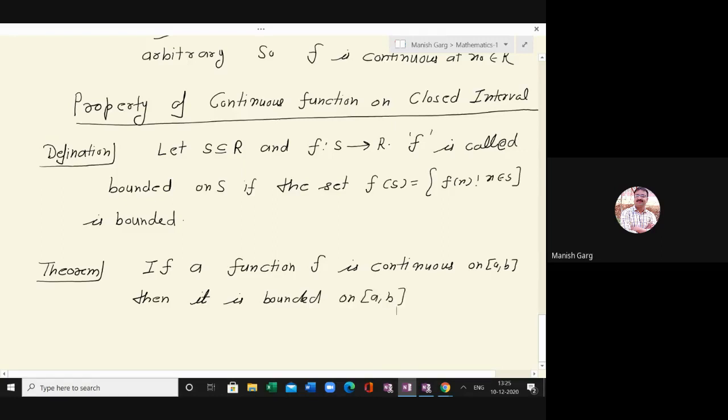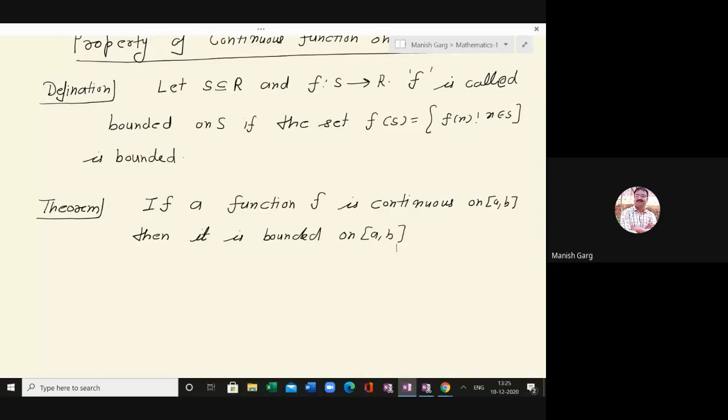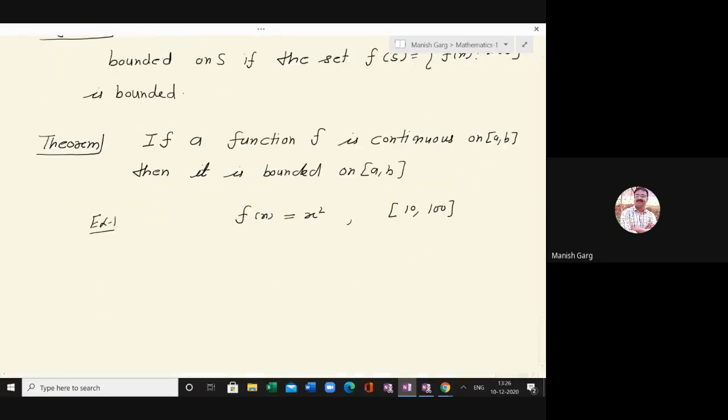So you can say every continuous function on a closed interval is bounded. Suppose you have a function f(x) = x square. Interval you are taking 10 to 100.